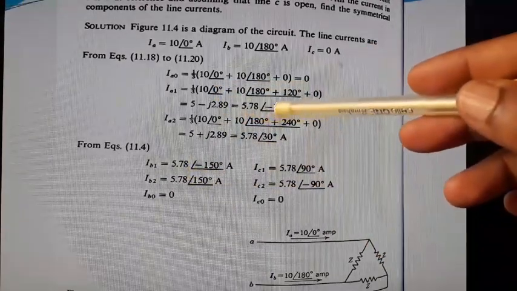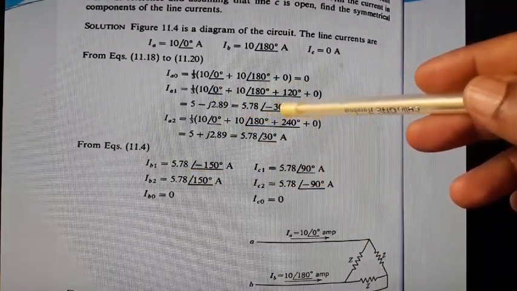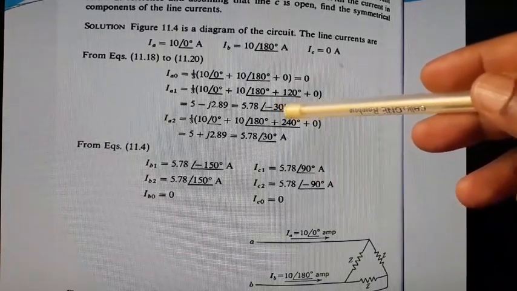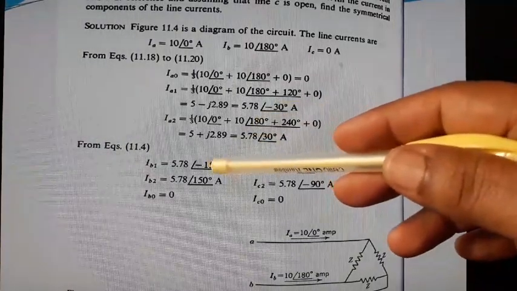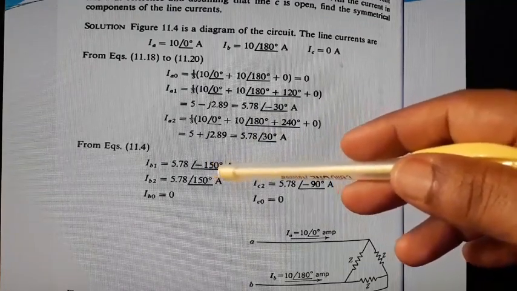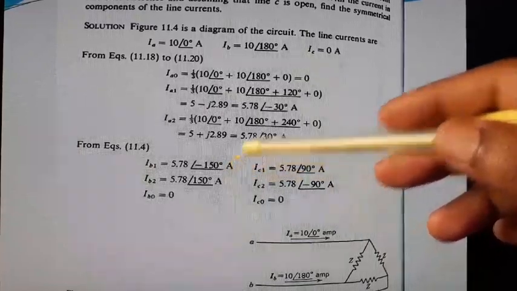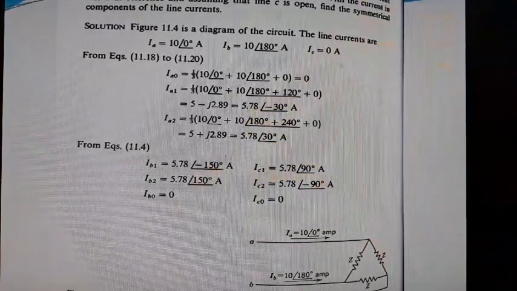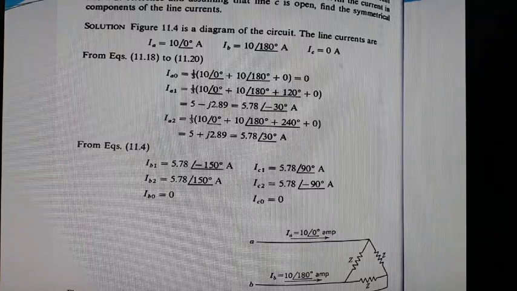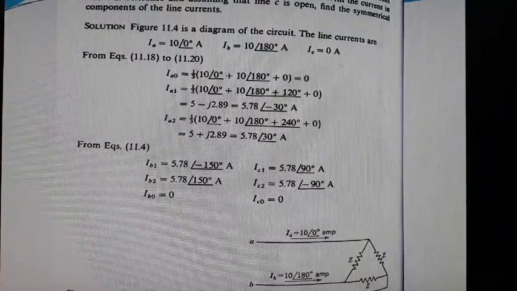A square is 240, minus 30 is 210, plus 210, which is the same as minus 150. That is 360 minus 210, and when we subtract, it becomes minus 150.